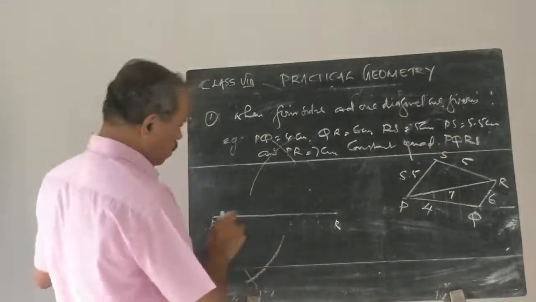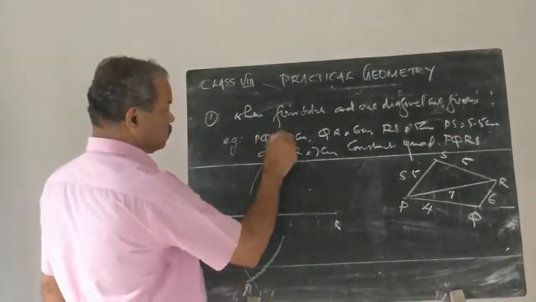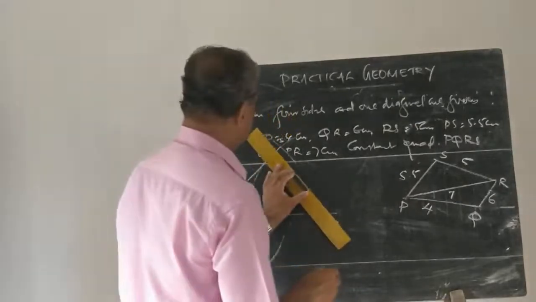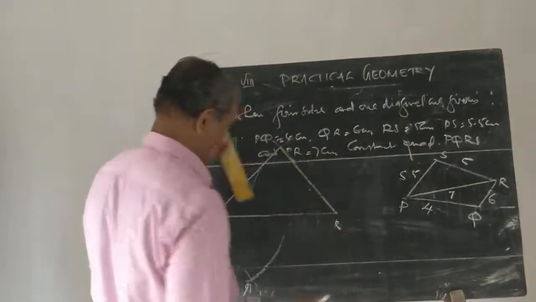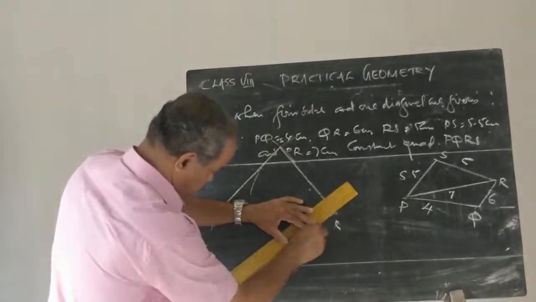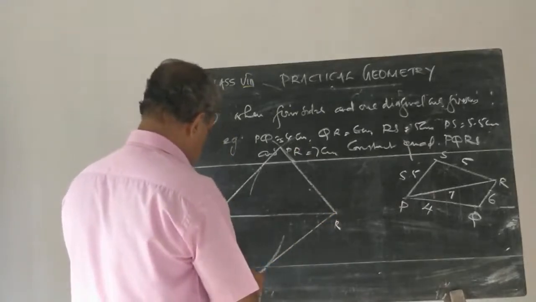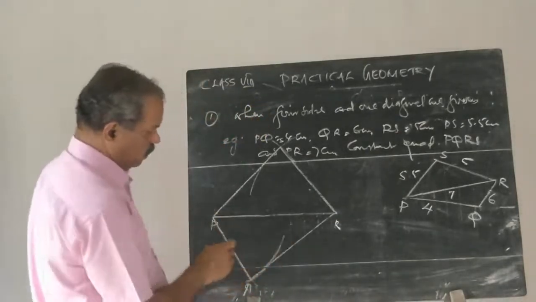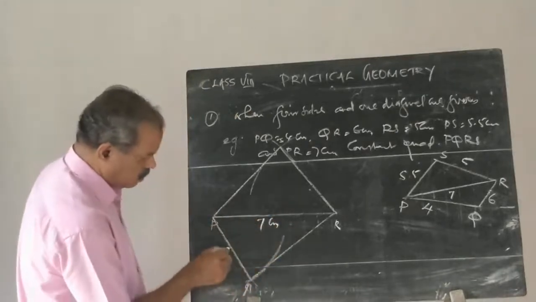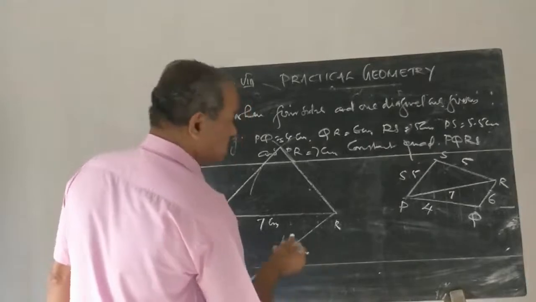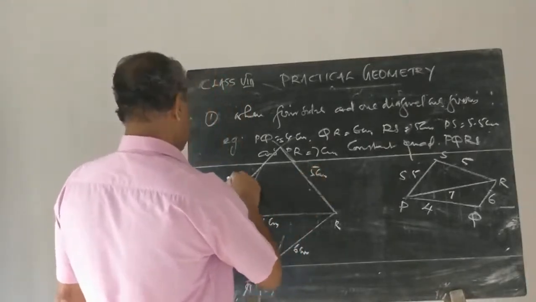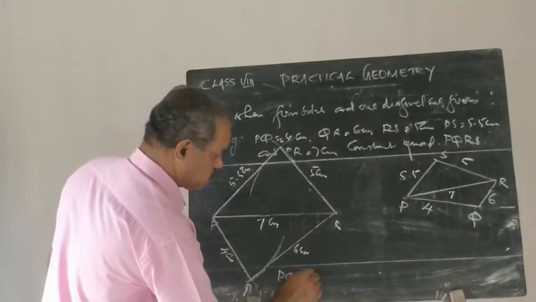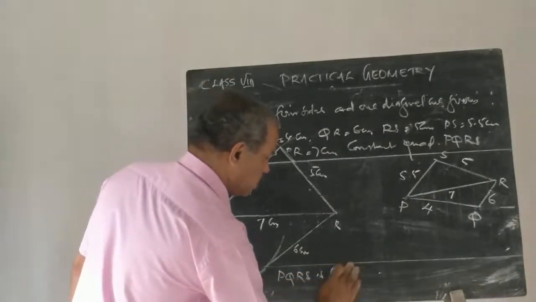Now join P, Q, R, S. PR 7 centimeters, 4 centimeters, 6 centimeters, 5 centimeters, 5.5 centimeters is the required figure. PQRS is the required quadrilateral.